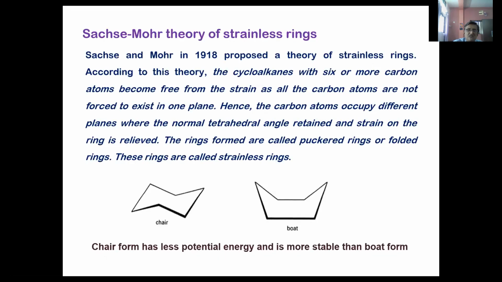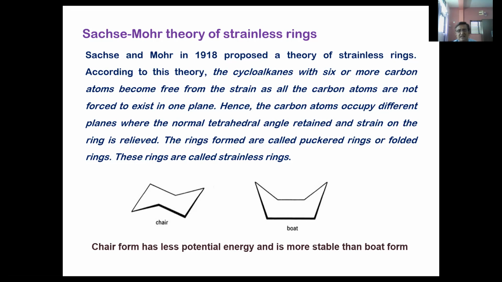two co-workers, Sachse and Mohr, in the year 1918, proposed strainless rings. This concept appears when the ring consists of more than 5 carbon atoms. What is this strainless ring theory? You can see the cycloalkane, when cyclohexane consists of 6 carbon atoms, they become free from strain as all the carbon atoms are not forced to exist in one plane.